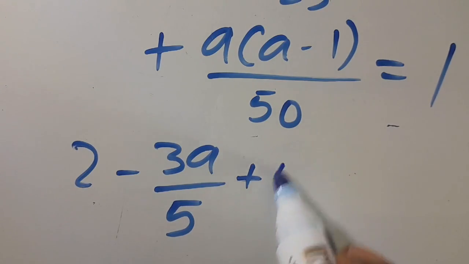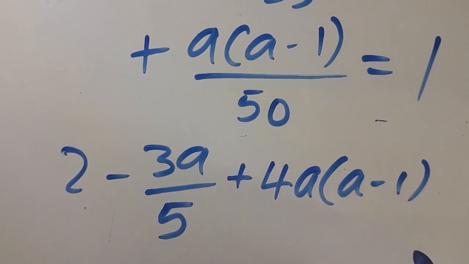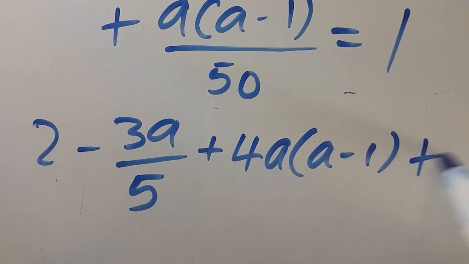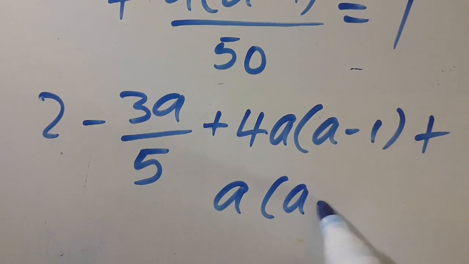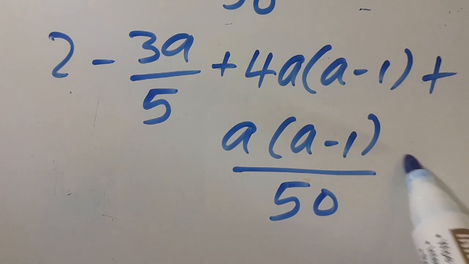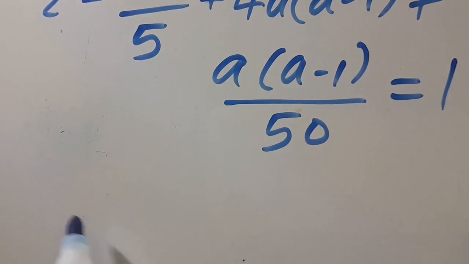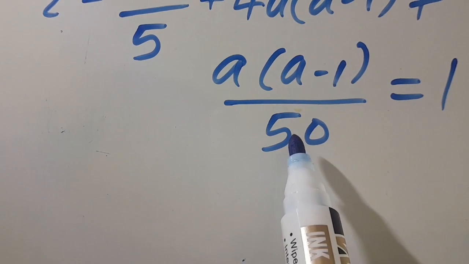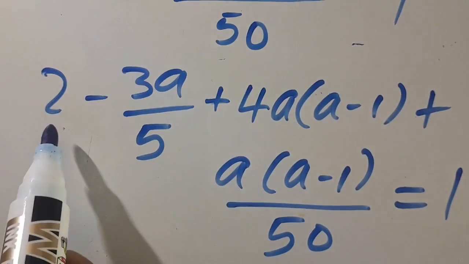We have here to be 4a into (a minus 1), then plus a into (a minus 1), all in bracket, then everything divided by 50, then equals 1. So from here, we have 2. Then let's multiply 2 by this denominator 50, so here will now be 100.